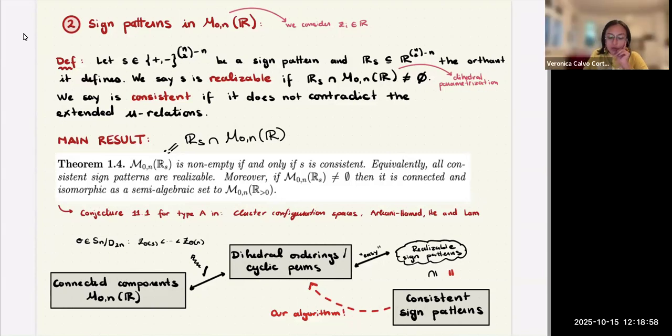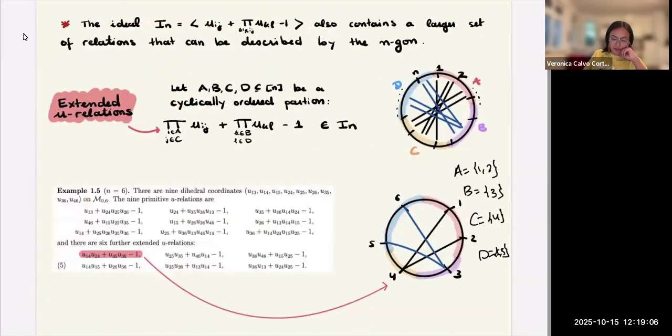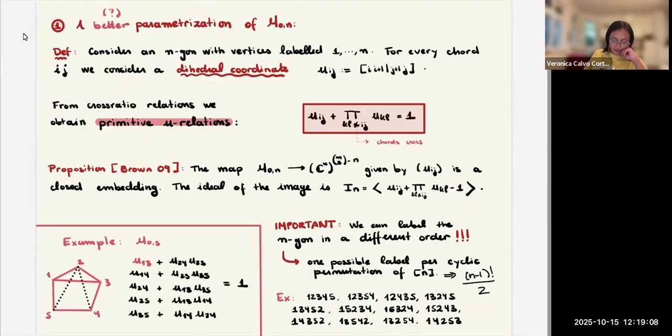Yes. So in this paper, Cluster Configuration Spaces, they define a lot of the things that I have said until now. So basically from here, they do it in more generality. So instead of starting with M0n, you start with a finite type cluster algebra. This would give you some set of indices to index your U's.